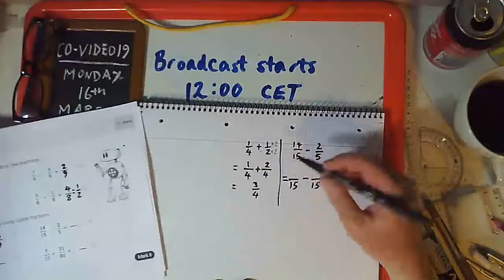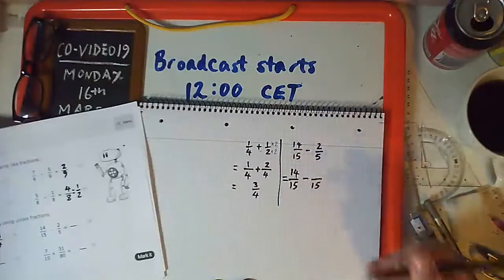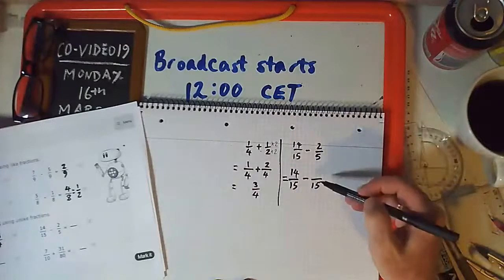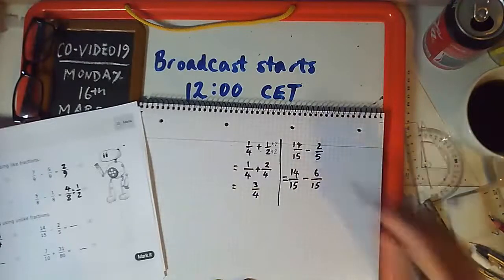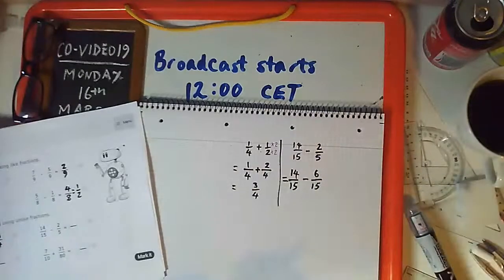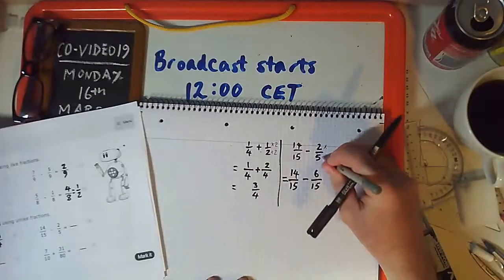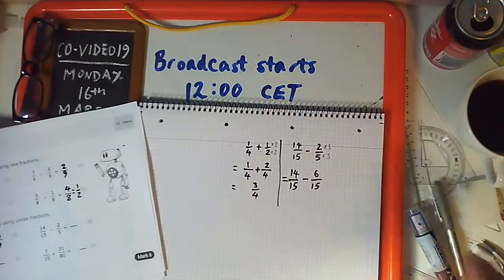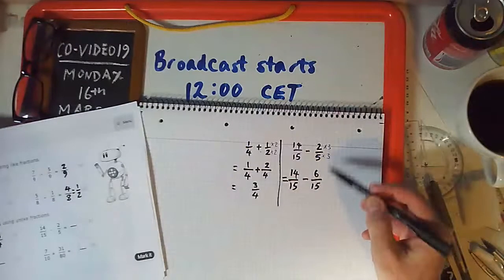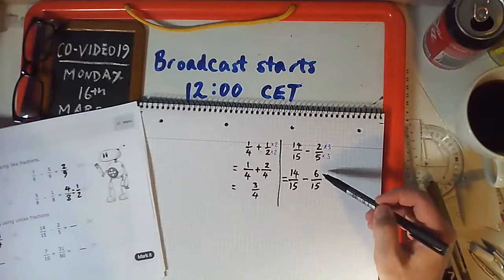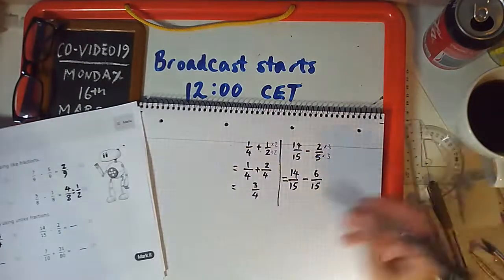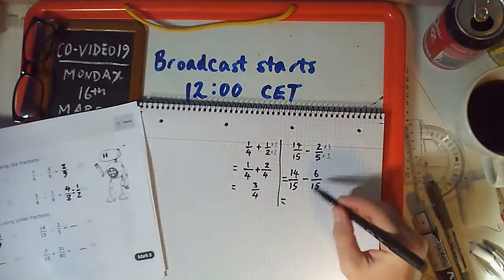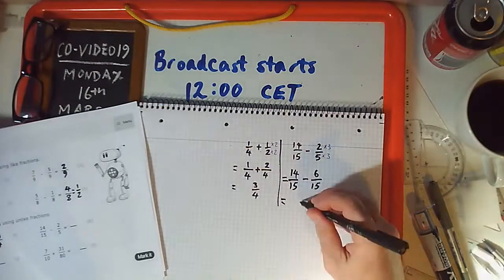So 14/15 remains 14/15, but then 2/5 becomes 6/15, because what I'm doing is multiplying by 3/3. I'm not multiplying by 3, I'm multiplying by 3/3, which is just like multiplying by 1. So I get 2/5 into 6/15ths.